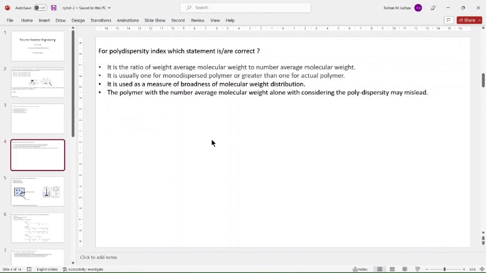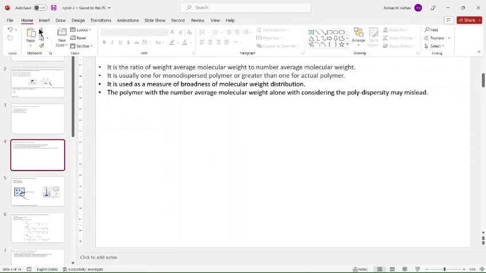It is used as a measure of broadness for molecular weight distribution. So can you tell me which one is correct for polydispersity index? It is a ratio of the average molecular weight and the number average molecular weight. It is used to measure the broadness of a molecular weight distribution. Yeah, 1 and 3.